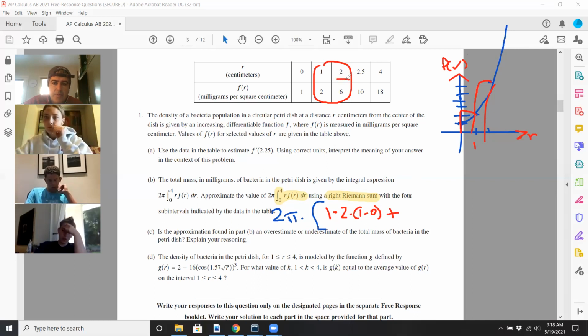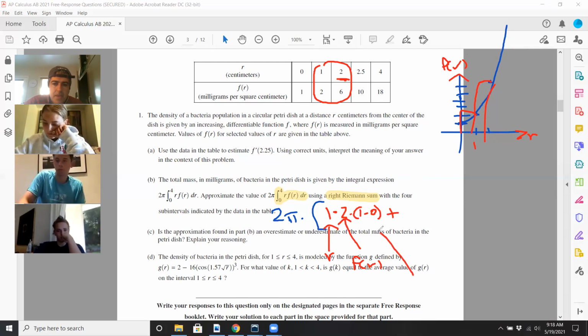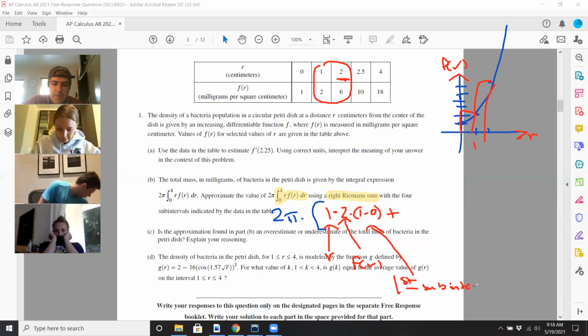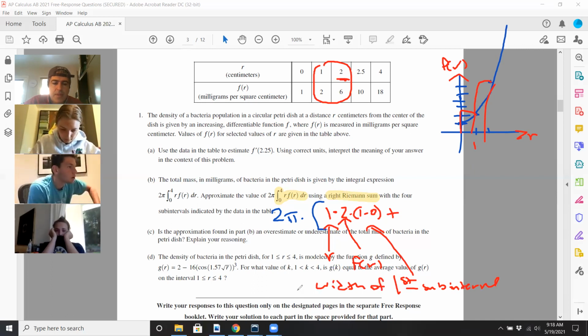So you got to take that width and use R equals 2. What I'm doing here, just so you know, this is R, this is f of r, and that was my first subinterval, the width. Okay, so the next one, as you imagine, would be 2 for r. The y value goes with this 6, and that distance is 2 minus 1.